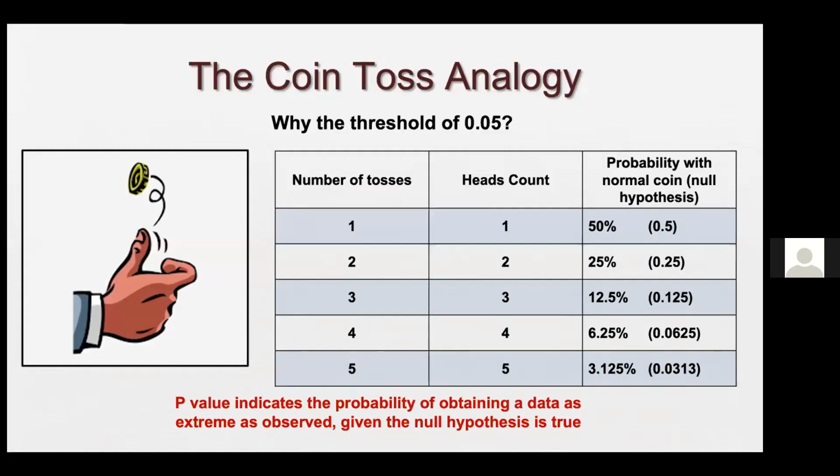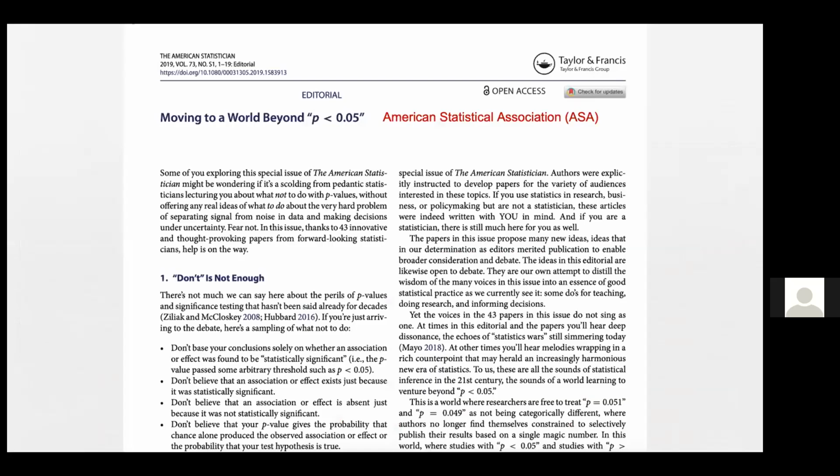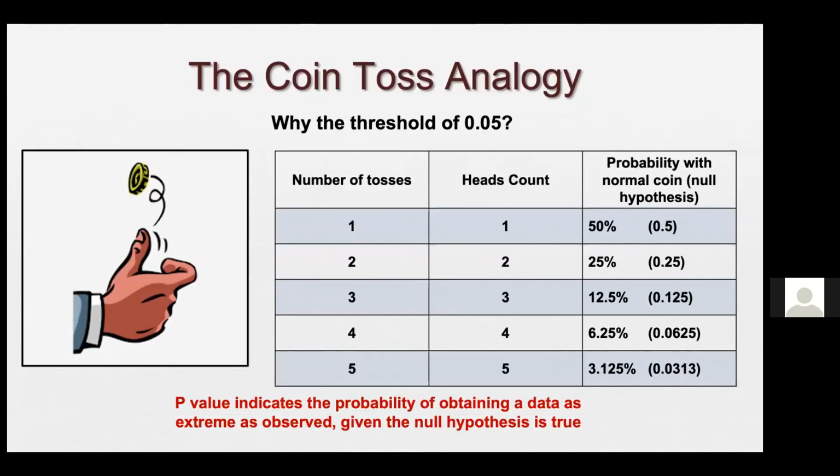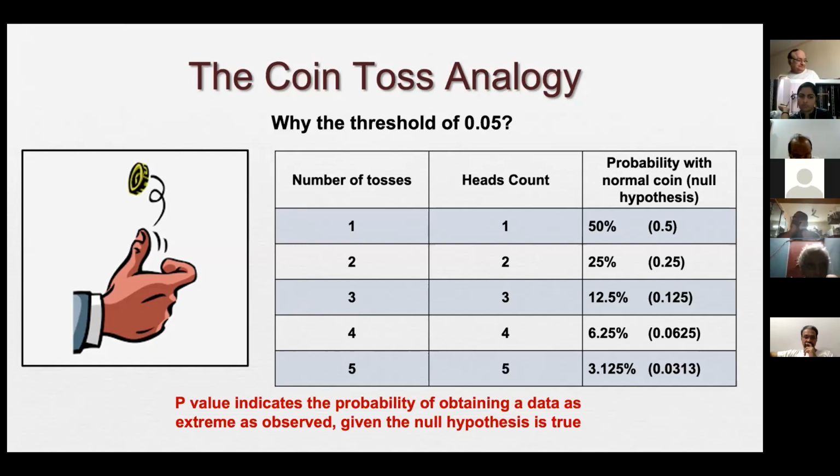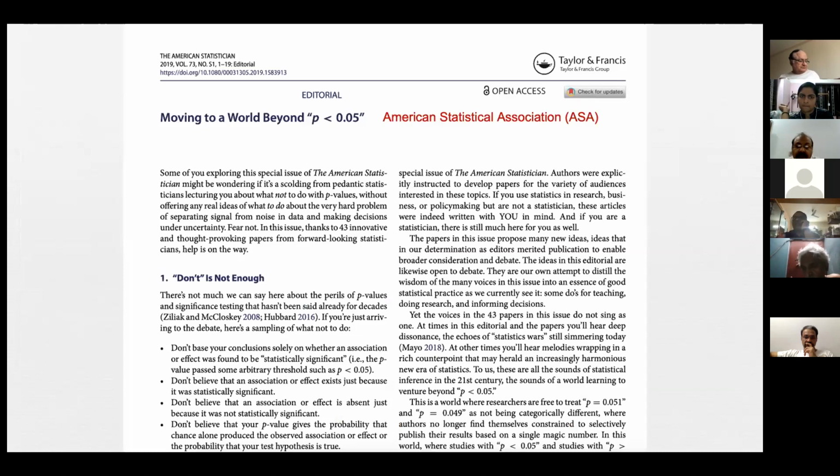And of course, interpretation can be done. As I said, the important point about p-values is that the way p-value is looked at is changing very fast. In fact, last year there was a conference of the American Statistical Association, probably the biggest body of statisticians in the world.